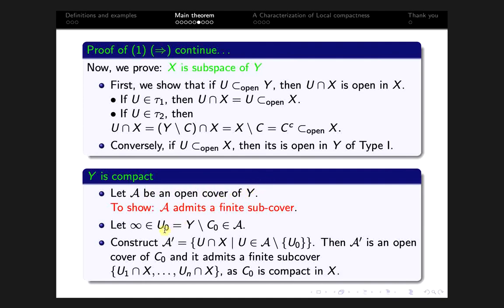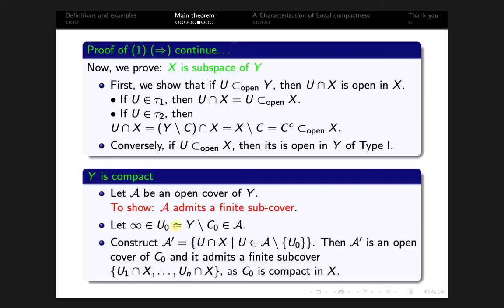Therefore there exists some element U naught in A that contains infinity. Okay, and by construction, if U naught contains infinity, then U naught should be an open set of type 2.